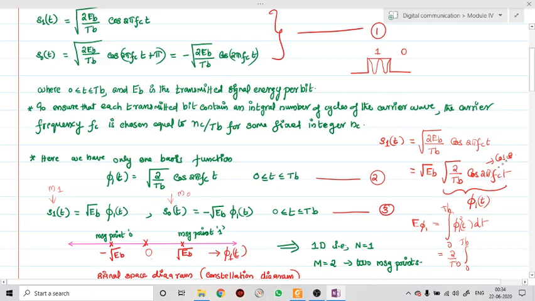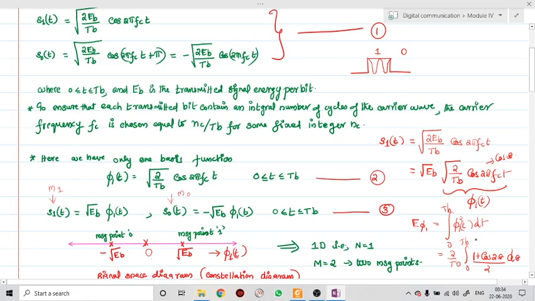For simplicity I am considering 2 pi Fc t as theta, so I have cos square theta. Cos square theta is nothing but 1 plus cos 2 theta by 2, with d theta since I have substituted theta here.